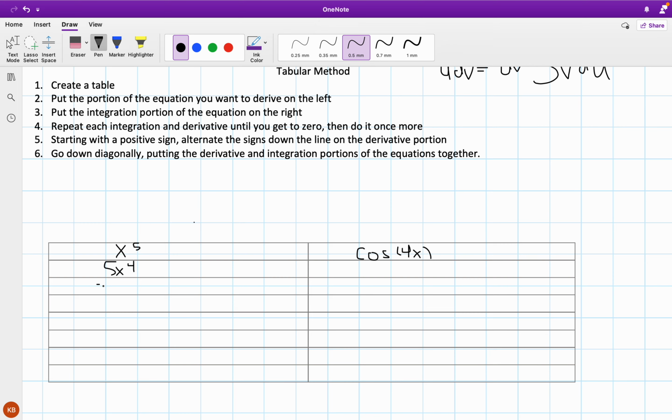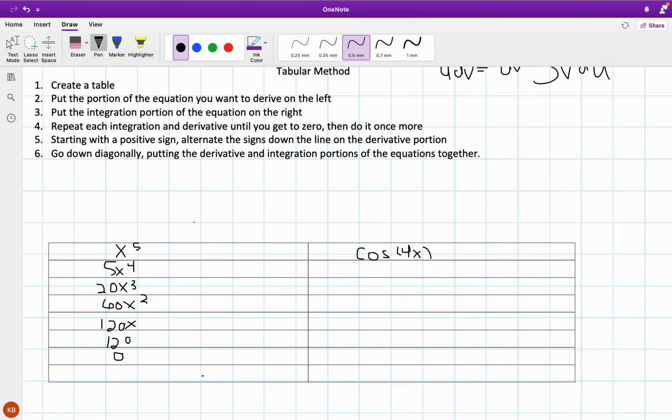Deriving again makes it 20x to the third. Then we derive again, 60x squared. We derive again, making it 120x. And then it's 120. And then we get to 0.